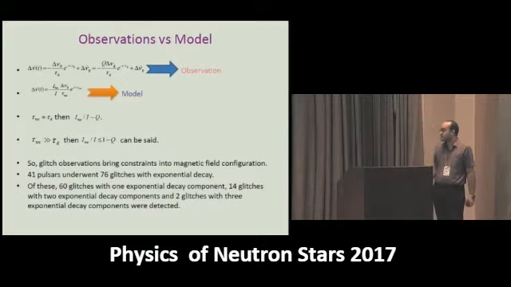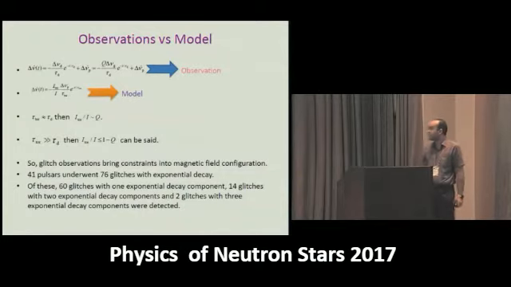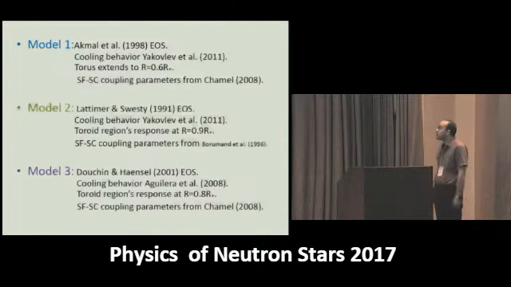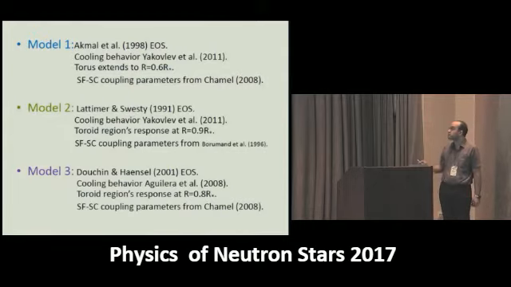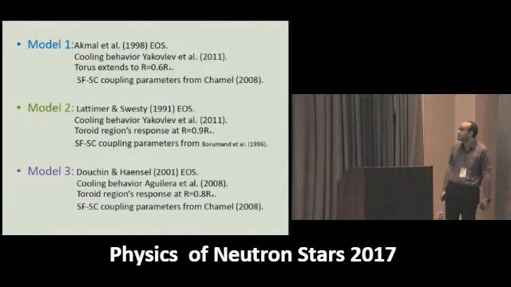To date, there are 41 pulsars which displayed 76 glitches with exponential relaxation, and I applied my model to all of these glitches. For equation of state parameters, I have used three equations of state: Akmal-Pandharipande-Ravenhall, Lattimer-Swesty, and Douchin-Haensel.